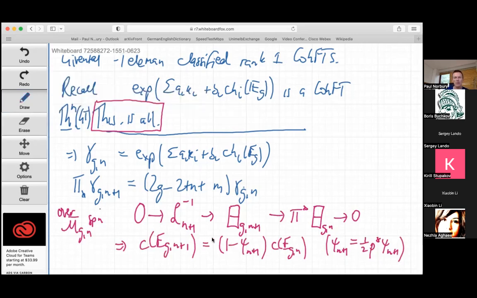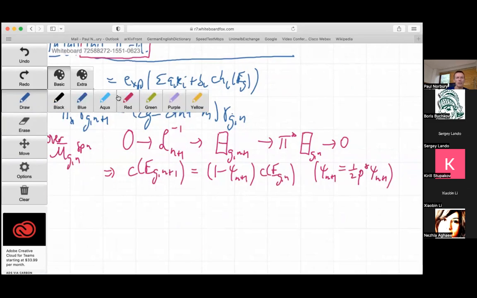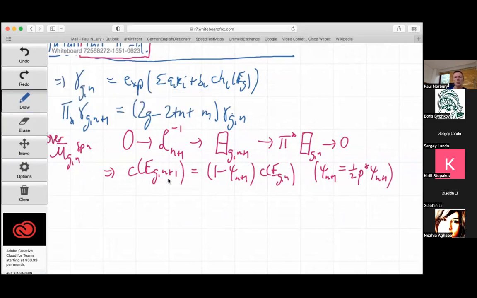This now tells us that if I was to push forward the top degree term, the push forward of this top degree class now is introducing a 2g minus 2 plus m. It ends up as a psi n plus m plus 1 that we'll apply this to.